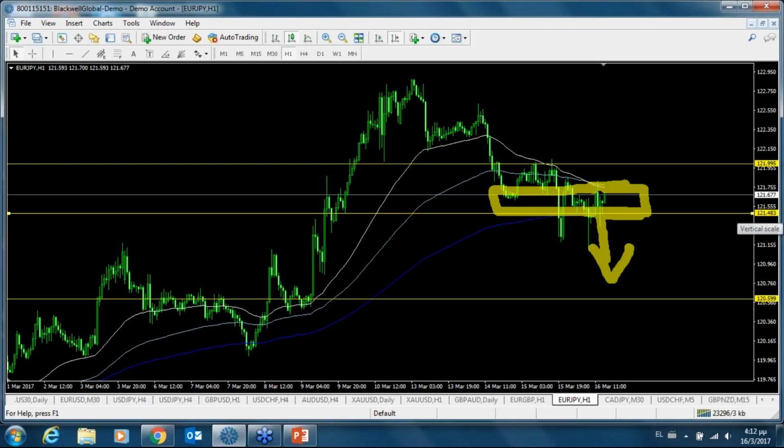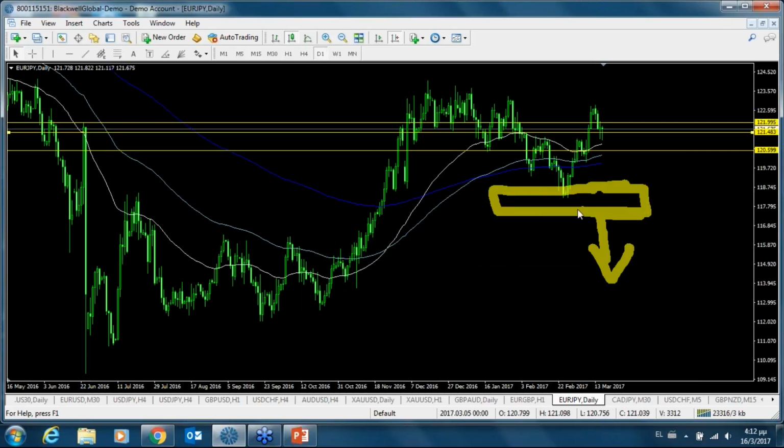So again, it's too early to tell. I would look at the price at 121.80, so above 80. Now it is actually above 50 at this moment of time, but you need prices to go above all three lines to find more power to the upside. On the 1-hour chart, yes, you've got bullishness at this moment of time, but again, some correction first to the downside a little bit more, and then an upward move.